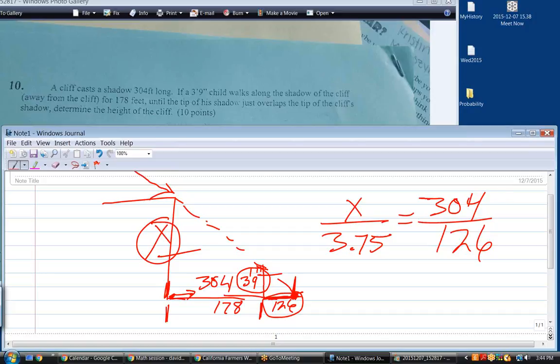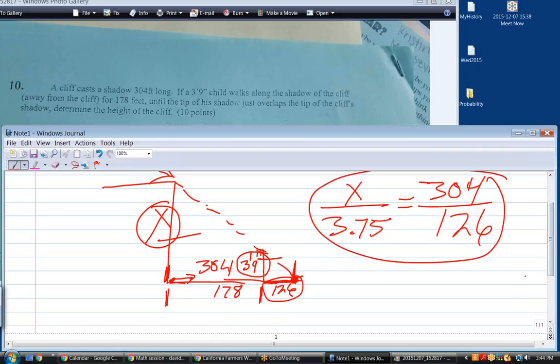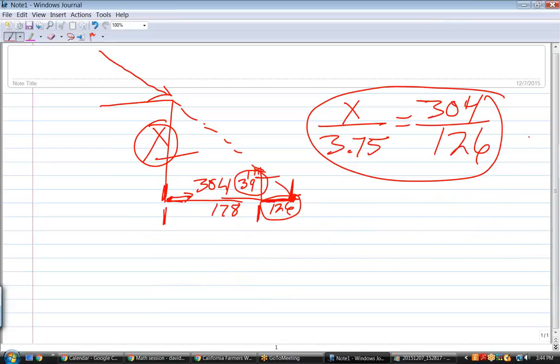Now, how do you solve that? What's the best thing to do to solve that equation? Cross multiply, so you have 126x. Before you automatically cross multiply, notice that there is a step that's one step shorter than that. If I cross multiply, then I end up with this, correct?